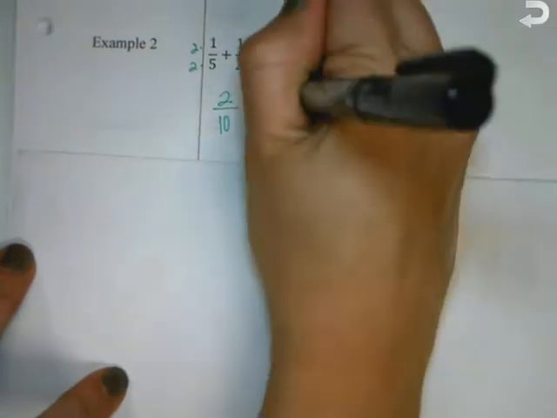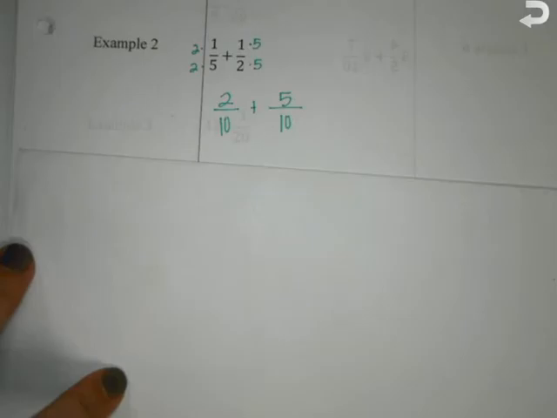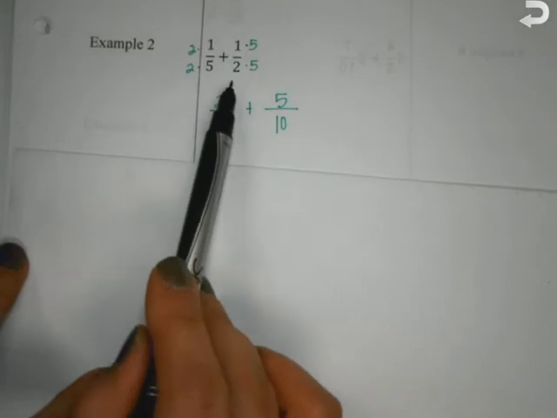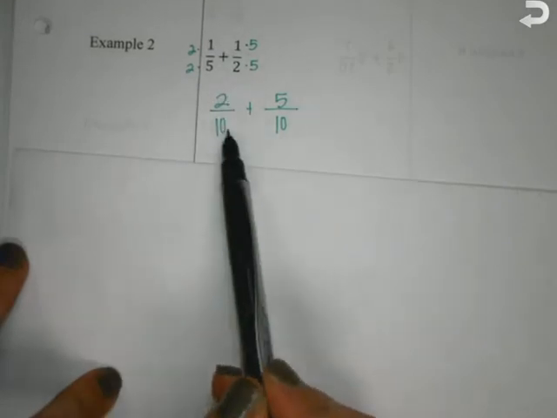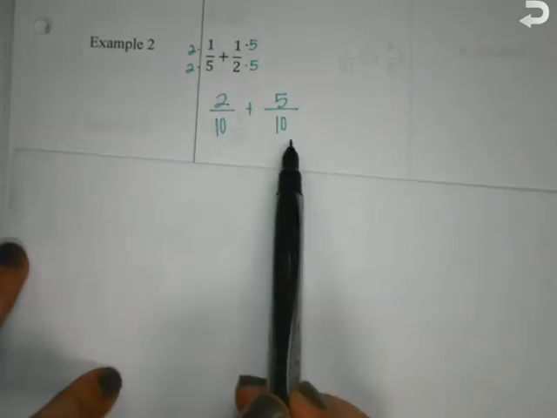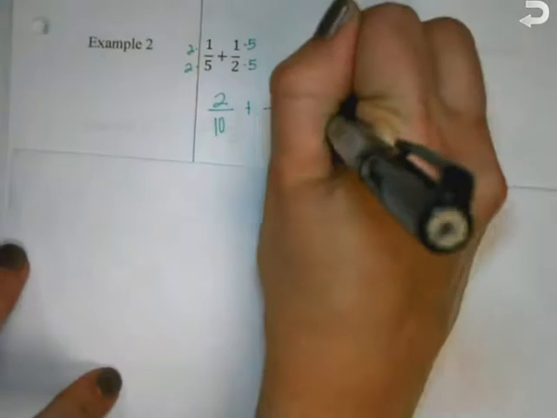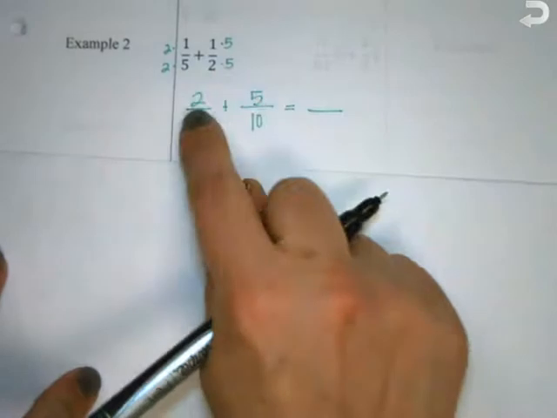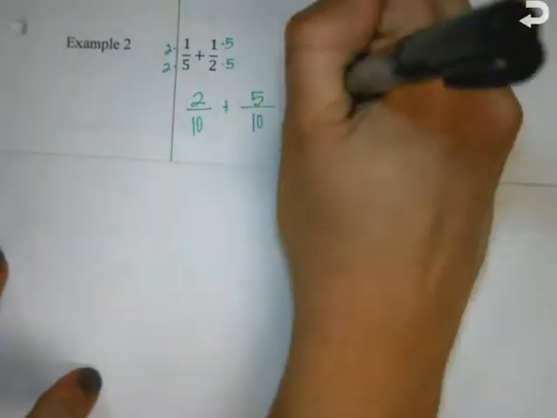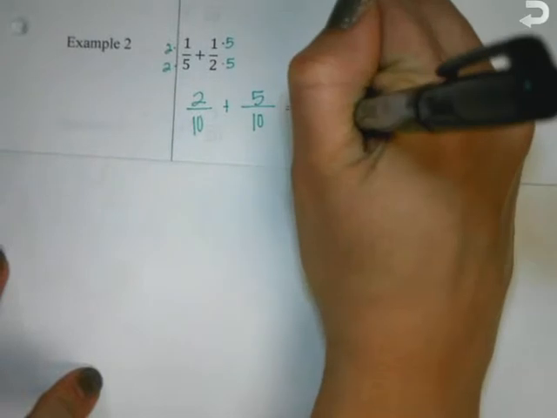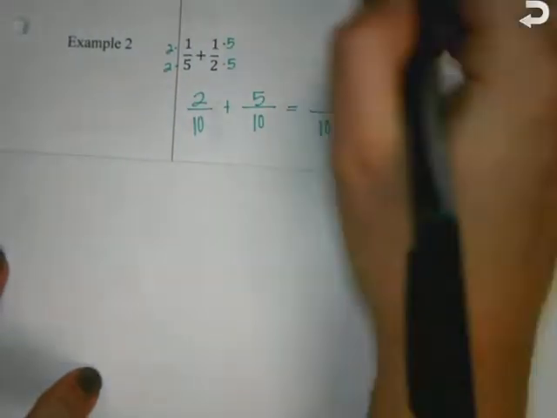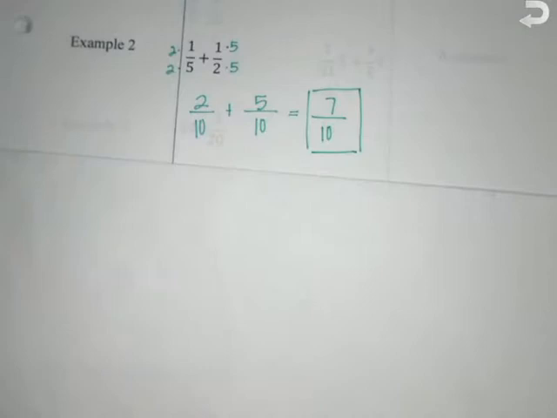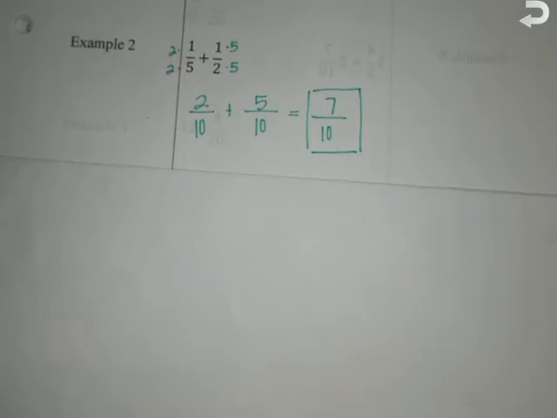So 1/5 plus 1/2 is the same as saying 2 over 10 plus 5 over 10, yes? Okay, what do I do next? Add them straight across. So that's going to be 2 plus 5 gives me 7 over 10. Can I reduce that at all? Nope, so that's my answer. Yeah? You guys good? Okay, try example 3 by yourselves.